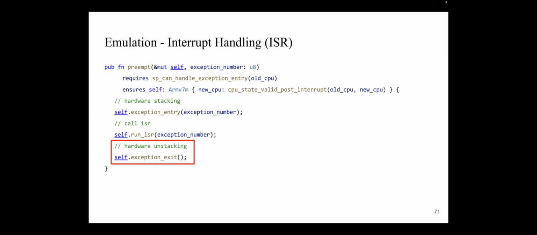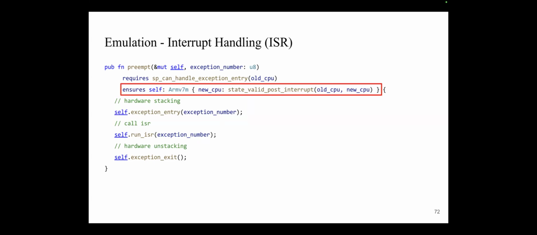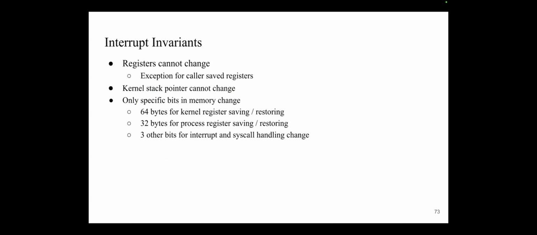Okay. And then here we basically need a proof about the CPU state being valid after an interrupt. So let's think through what the specific things are that we need to make sure hold true. Well, for one thing, the registers can't change, and I alluded to this before.